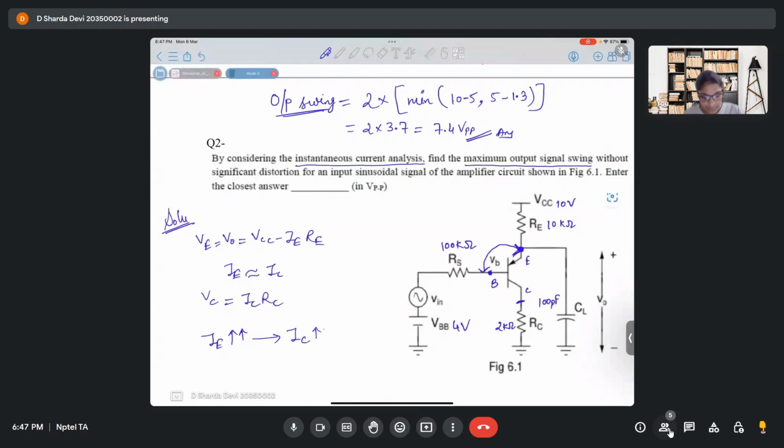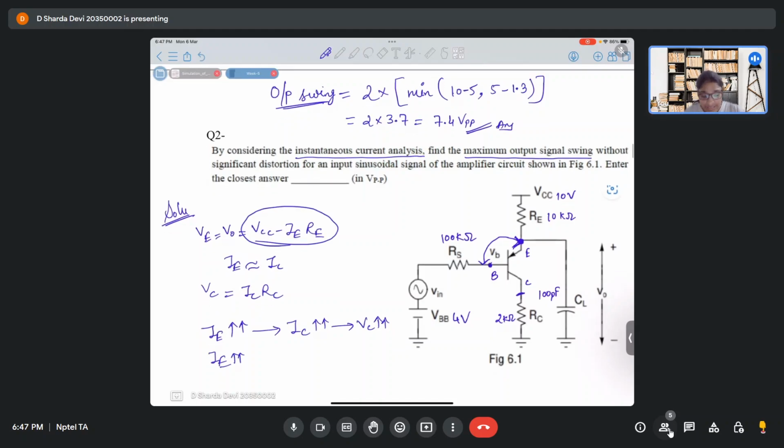The moment IE increases, IC will also increase. And the moment IC increases, your VC will increase. What about V0? The moment IE increases, VCC minus IERE will actually reduce, so it will reduce your V0.